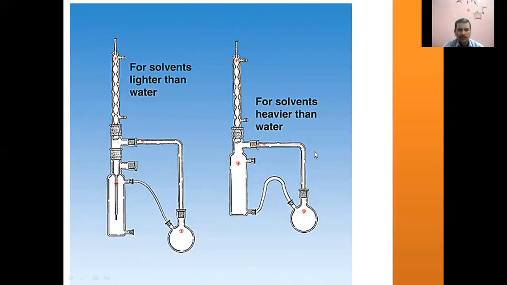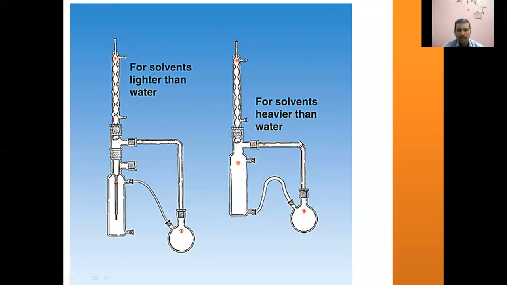This is also a simple diagram, but two different diagrams are presented here for showing the continuous extraction process by using the organic solvent which is lighter than the aqueous solvent, that is water, and the organic solvent which is heavier than water.